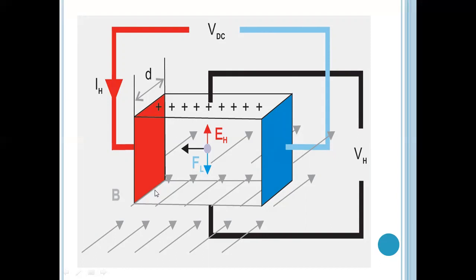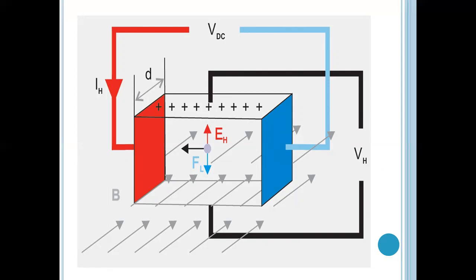Due to the magnetic field force, the electrons which are moving from right side to left side get accumulated on one of the faces of the semiconductor material. Due to the negative charge on one face, the opposite face will be positively charged. Hence, a voltage will be developed between those two faces called Hall voltage, which is perpendicular to both the flow of current and the magnetic field. This is called Hall effect, and the produced voltage is called Hall voltage.